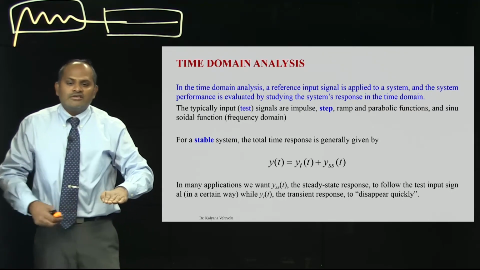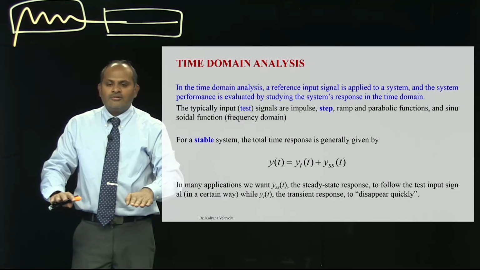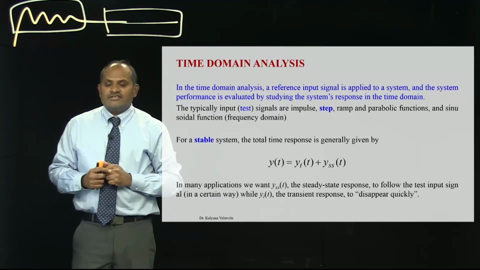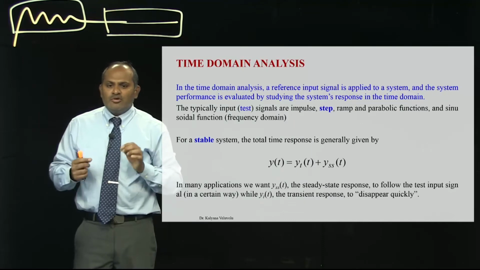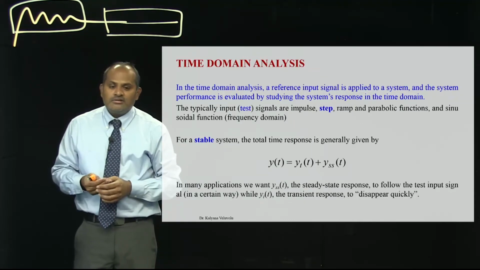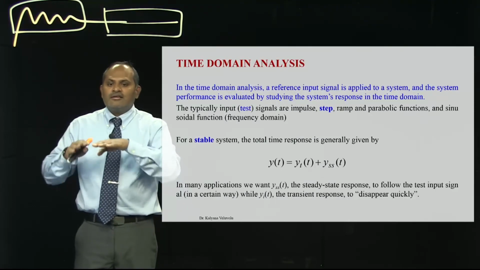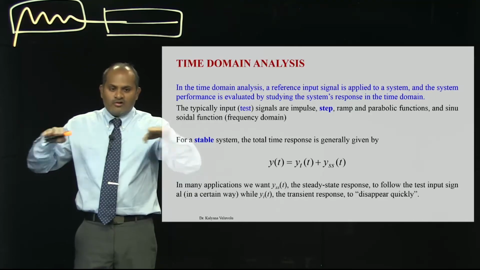This small vibration we call the transient response, and when it comes to rest, this is what we call steady state. The transient response only lasts from a few seconds to maybe a minute depending on the application, and then the transient response dies and the system settles. This is what we call steady state.